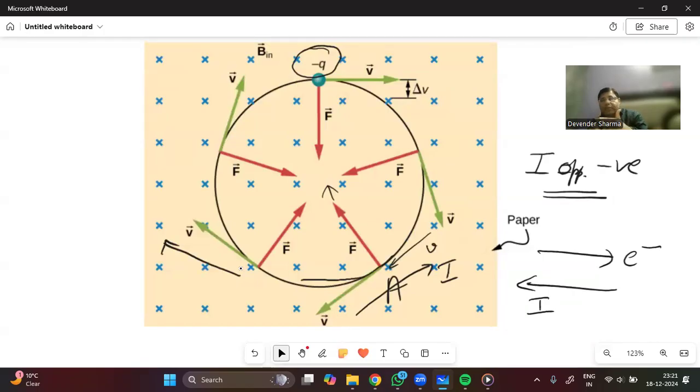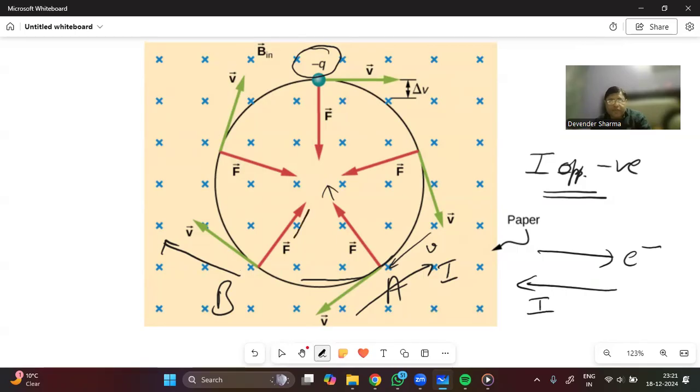Father for force, mother for magnetic field, and child for current. So now at point B, I'm writing it here, the magnetic field is inward, velocity is opposite, but velocity has to be converted into current.